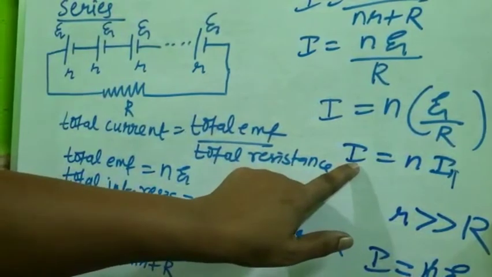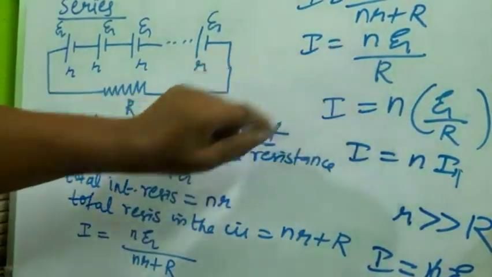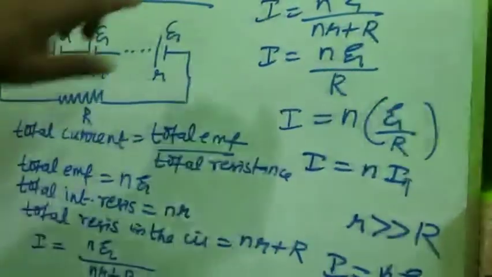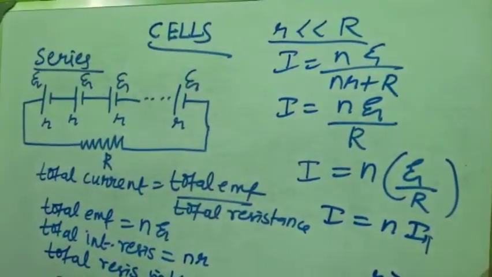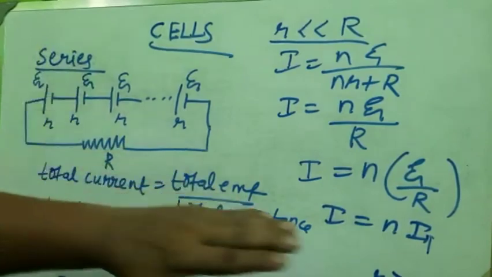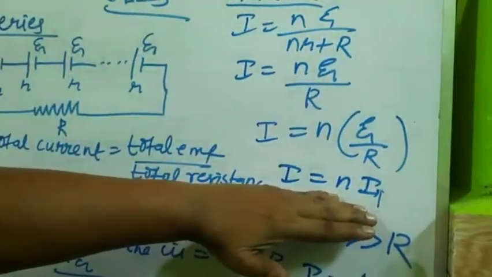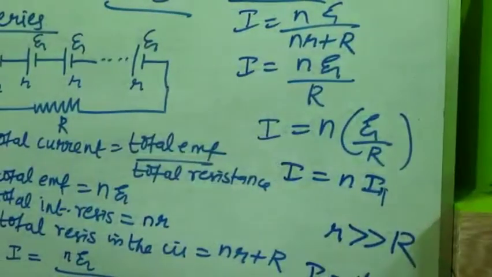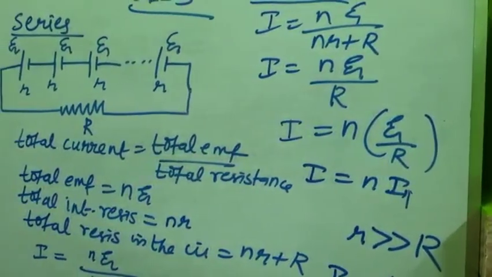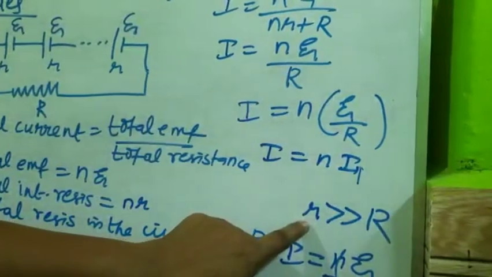Here we are neglecting the value of small r, alright, because of low internal resistance. Low internal resistance means it's a new battery. So if you have a set of new batteries, put them in series so that the current delivered by all the batteries will be maximum. If you have a set of old batteries, in an old battery, internal resistance will be greater.